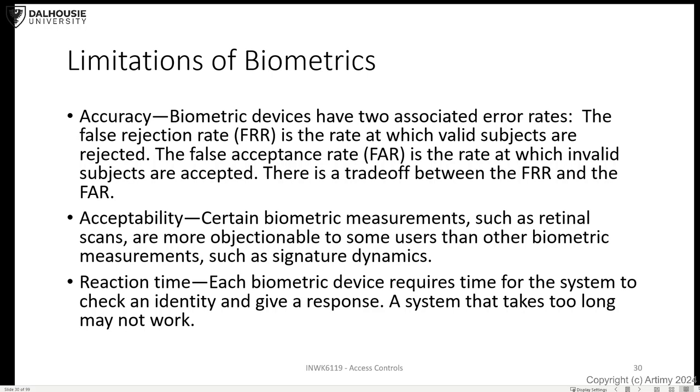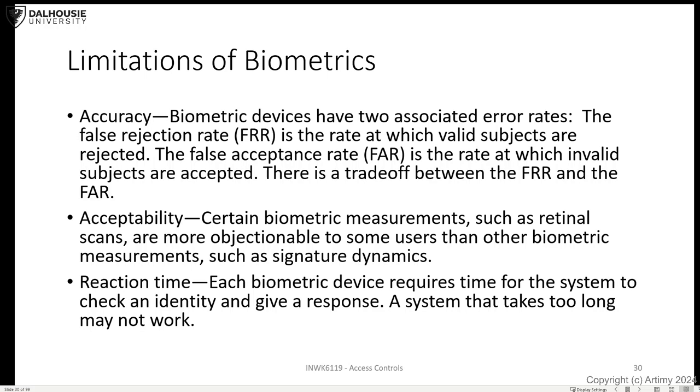And there can be objection. There are things that people object to. As I said, I don't want my DNA to be stored in some kind of database. It may leak. It may be used in the wrong way. So people have issues with accepting the use of biometrics.